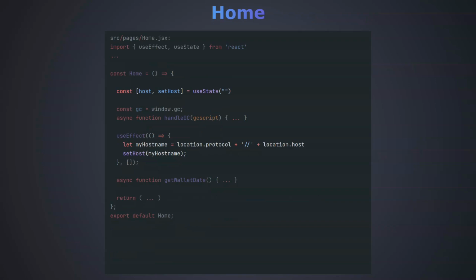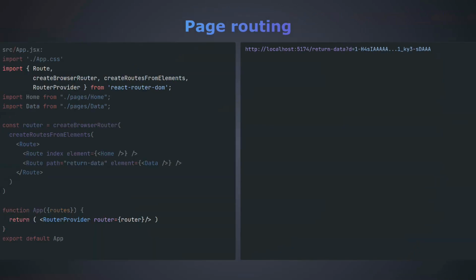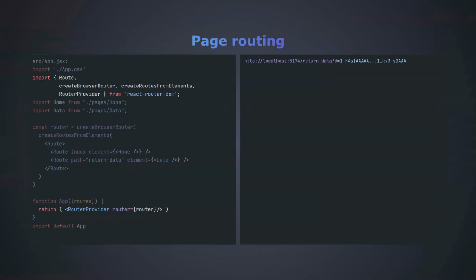Once we set up the basic functions on our homepage for launching Game Changer scripts, we also want to receive this information back from Game Changer. This is done by adding the return data link into the script, as you have maybe seen before.